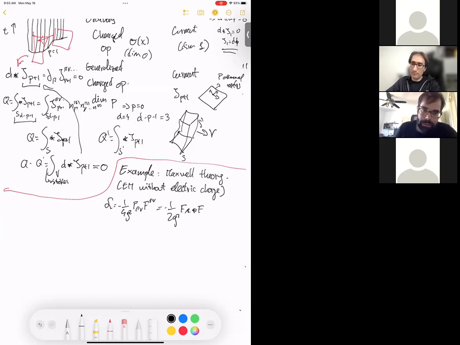How familiar is everybody with differential form notation? Meaning, I am assuming you're familiar with expressions like this. Please raise your hand if you're familiar with an expression like this.